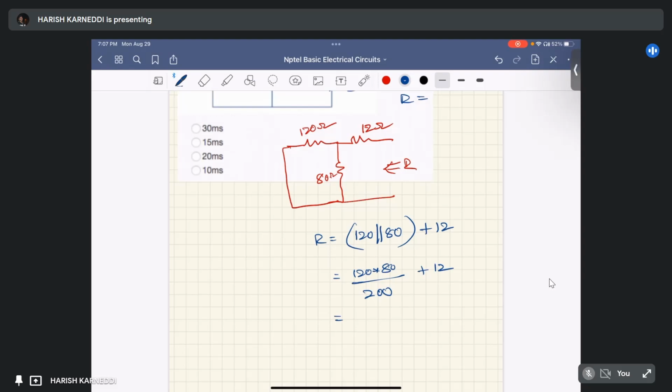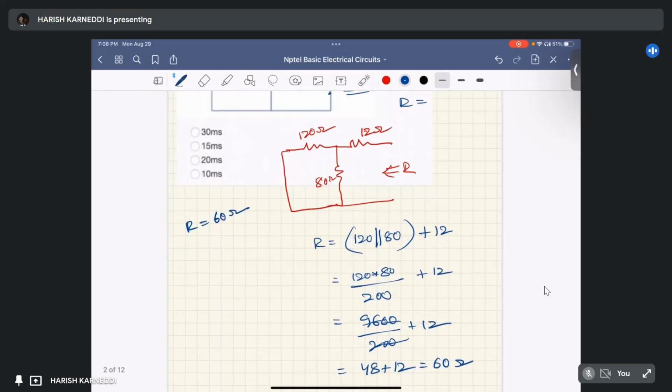So 120 into 80 is 9600, divided by 200, which is 48. 48 plus 12, it is 60 ohm. The resistance seen from these terminals is 60 ohm, and the capacitance is 0.5 millifarad.